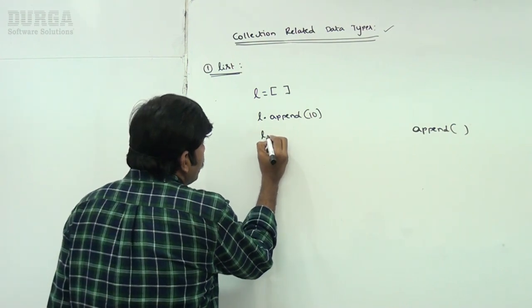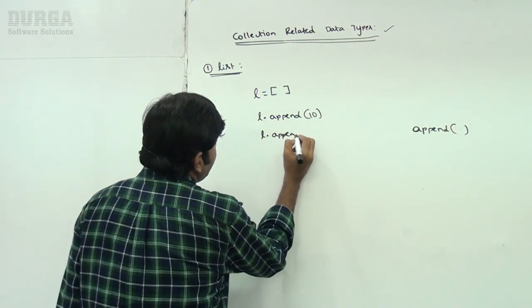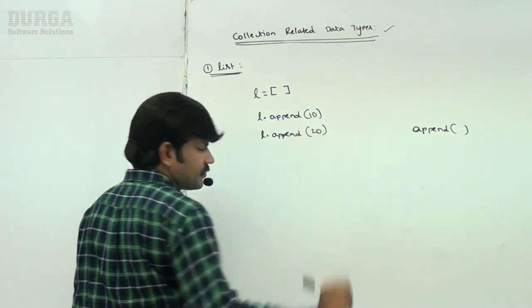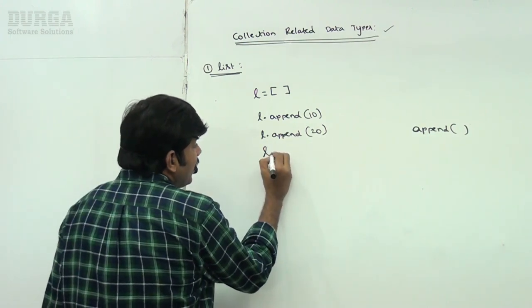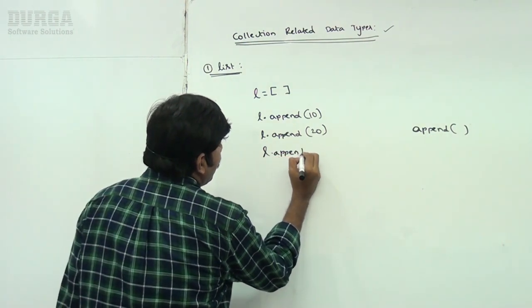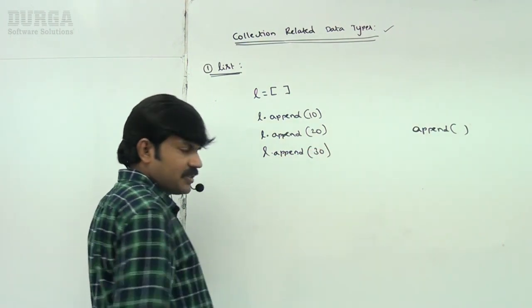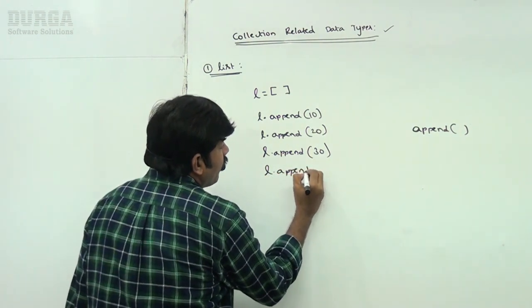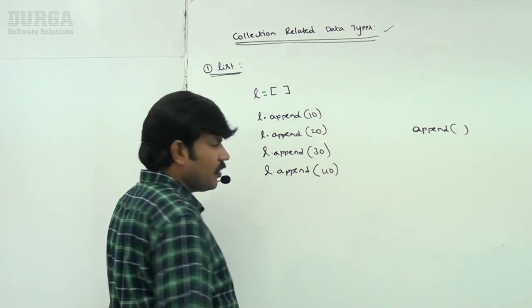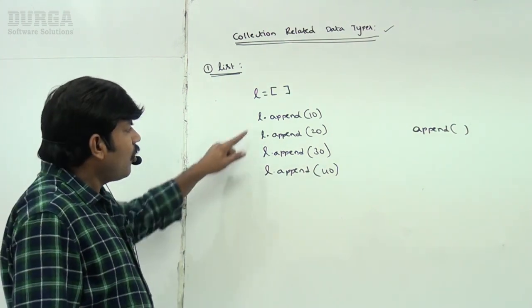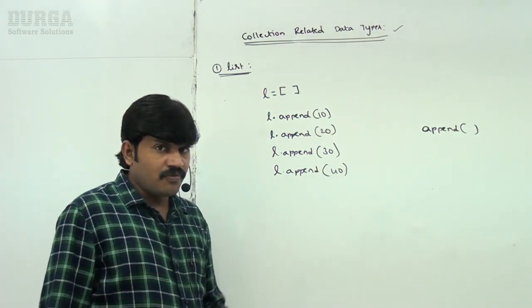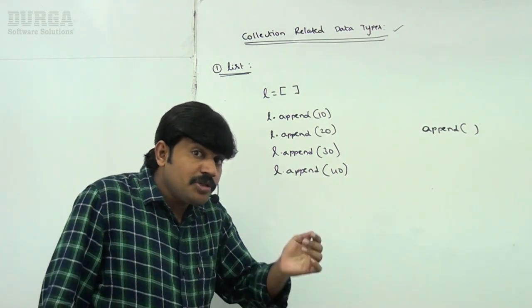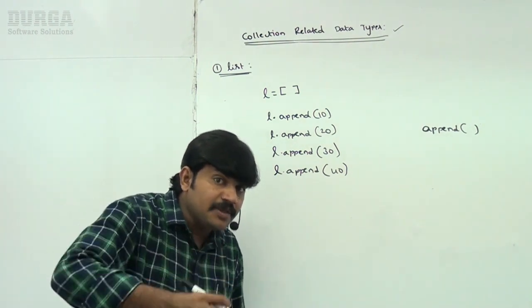Now L dot append of 20, L dot append of 30, L dot append of 40. Now how many elements did I add to this list? 4 elements, sir.